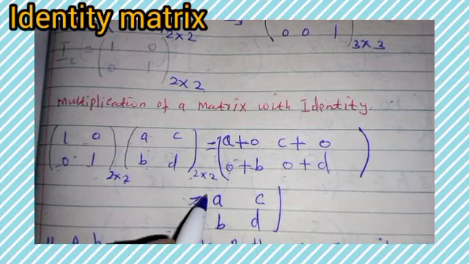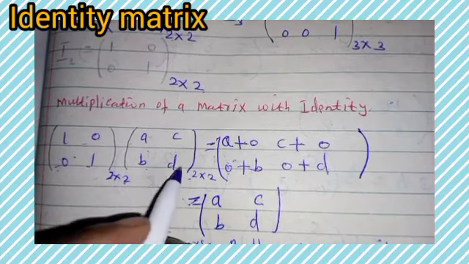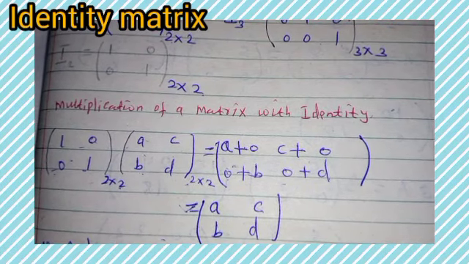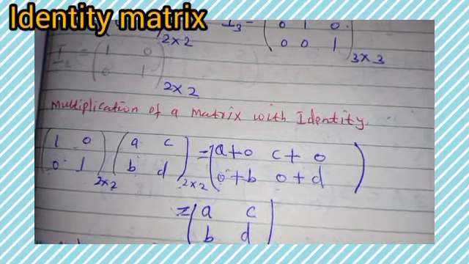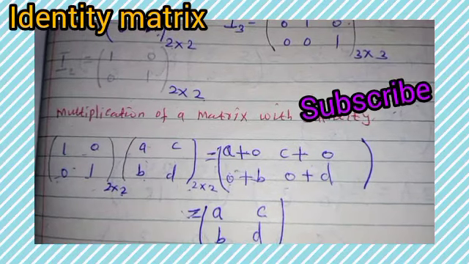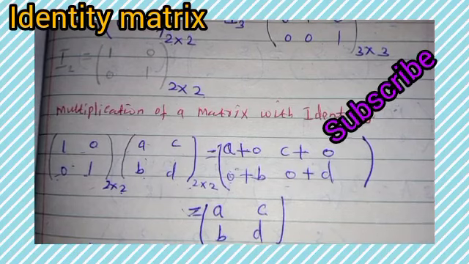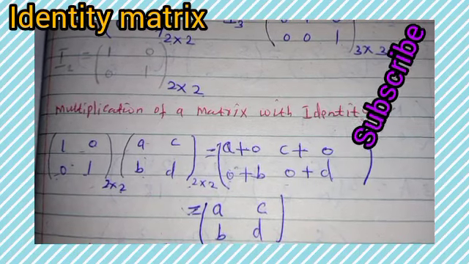So you can see our matrix A is retained. When you multiply a matrix by an identity matrix, you don't affect its elements. The elements remain the same.